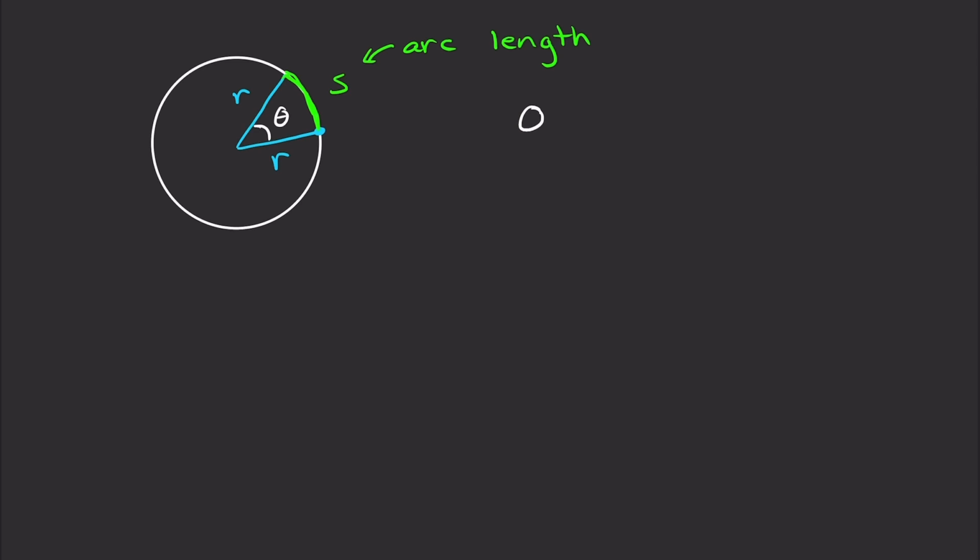And for our angle theta, we're not going to typically use degrees to measure it, but instead we're going to define the angle to be the ratio of our arc length to our radius. When s is equal to r, theta is just 1, and we're going to call that angle 1 radian.